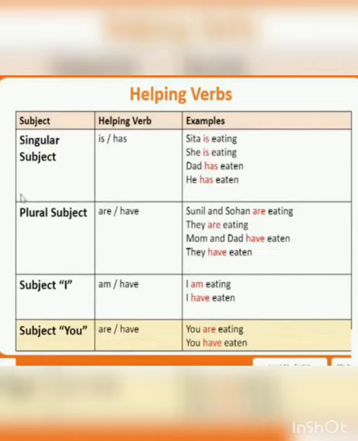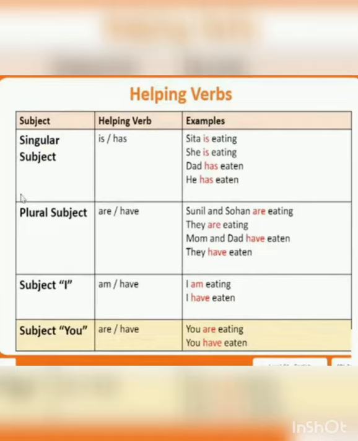Sita is eating. She is eating. Now see the next sentence. Dad has eaten. He has eaten. Now, in the first sentence, the verb with ing is there. Eating, eating. Ing is there, it means work is going on.